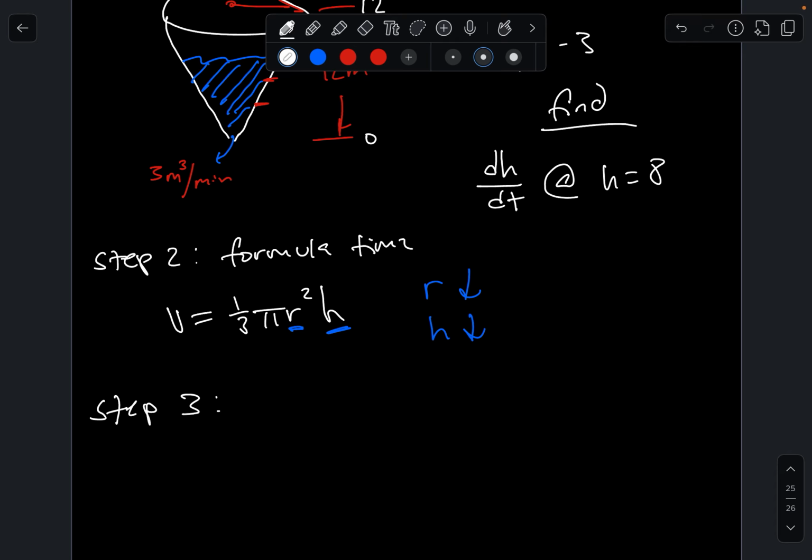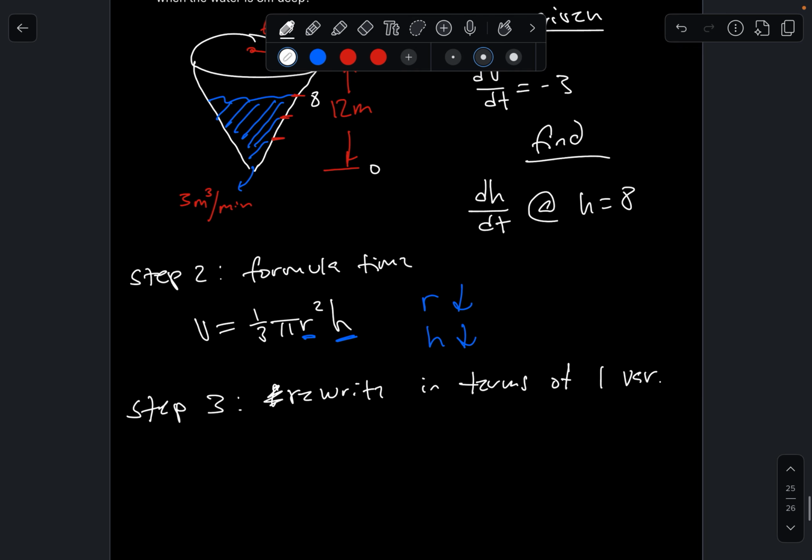So let's go to step 3. We need to rewrite in terms of one variable. To do this, let's use similar triangles. The full cone has a radius of 6 and a height of 12. So I can write r over h is equal to 6 over 12, which is just 1/2.